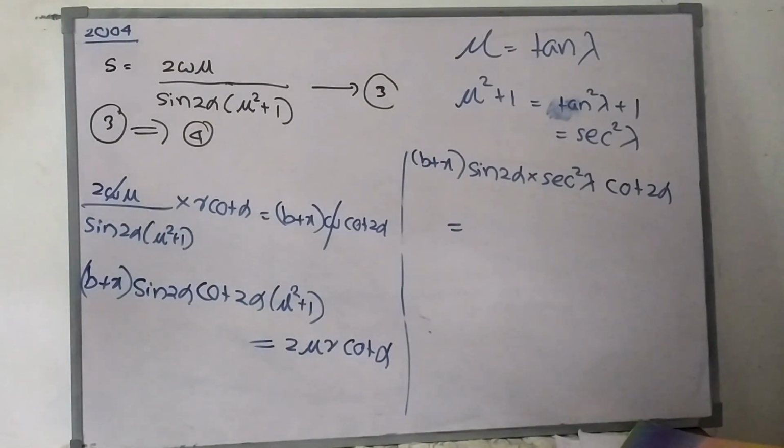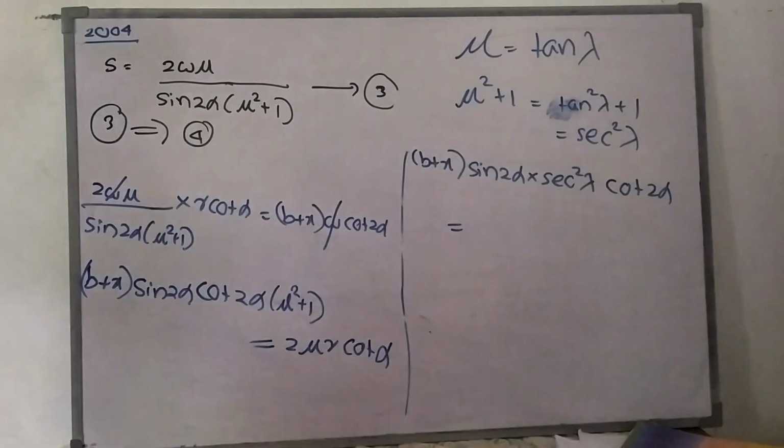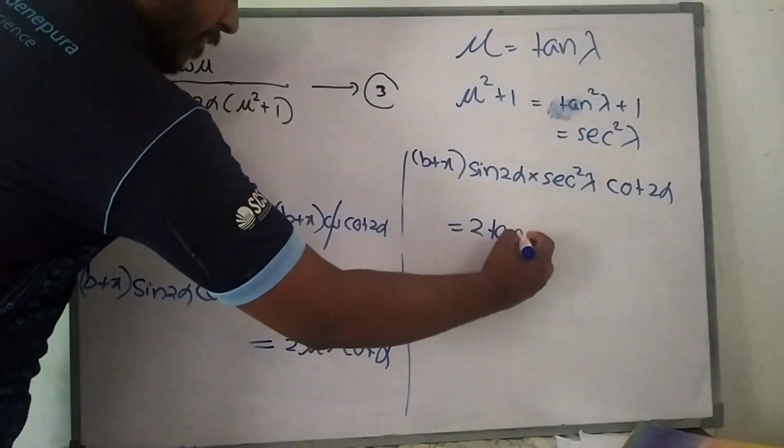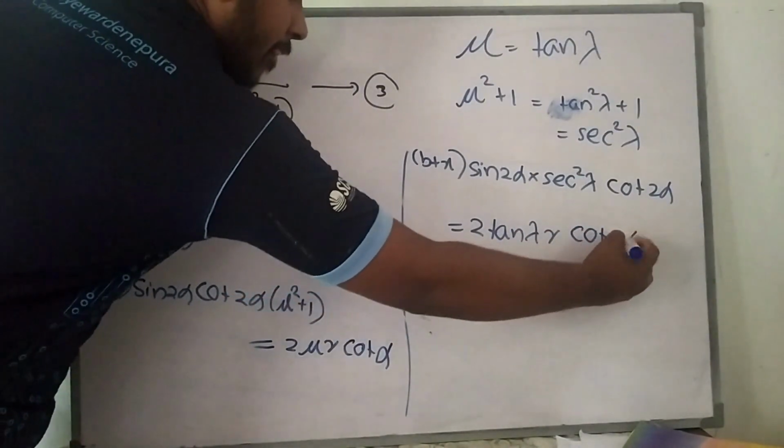So actually it's not cot 2 alpha. In the beginning of the sum I told you it was my writing mistake. So this is cos 2 alpha, right? This is also cos 2 alpha. 2 mu, meaning tan lambda, r cot alpha.